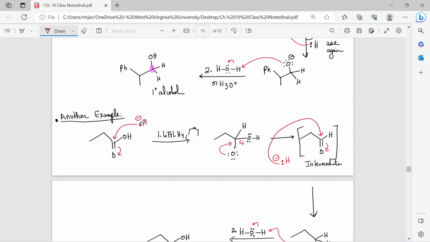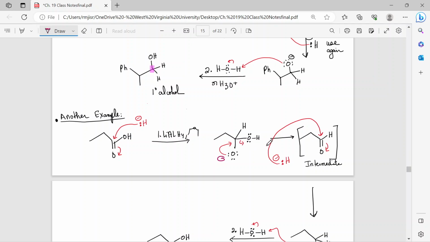As I mentioned, the mechanism is way more complicated than this, but this is just a simplified version of the mechanism. So the base here, as a simplified version, is going to come, attack the carbon of the carbonyl, and form a negative charge on the oxygen. The lone pairs are going to close. The OH is going to leave. In fact, over here, it's not the OH leaving because the OH is going to complex with the aluminum hydride.